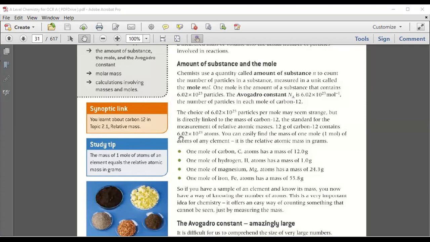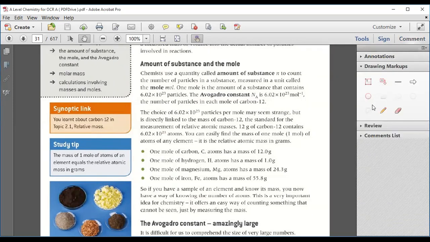So this number, ye jo Avogadro number hai, you got it from that 12 gram of carbon-12 atoms containing 6.022 × 10^23 atoms. That's why we are dividing each and every number of particles by this number. This is the number of atoms, Avogadro number.